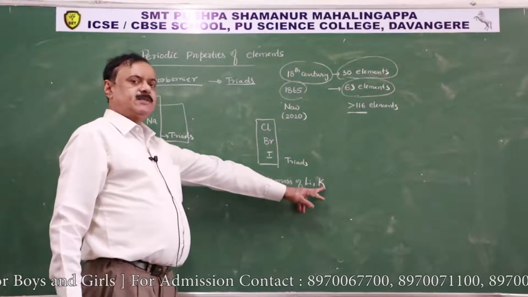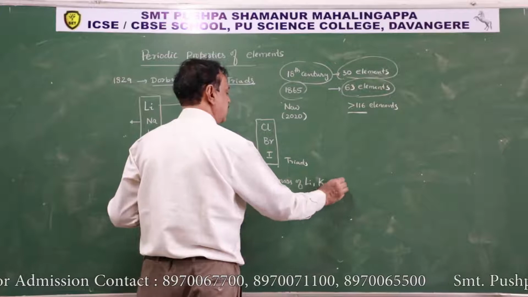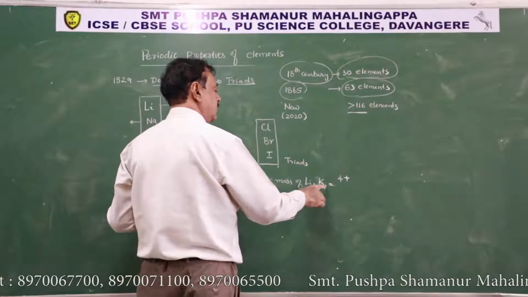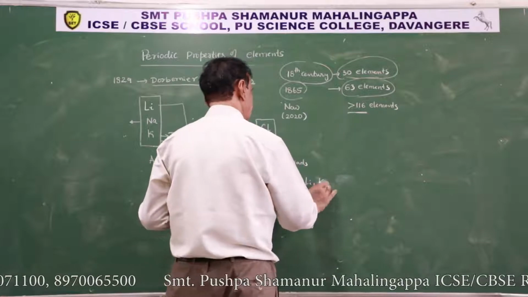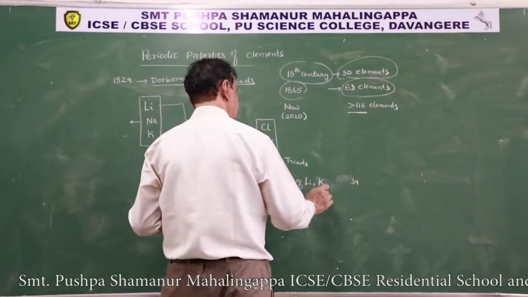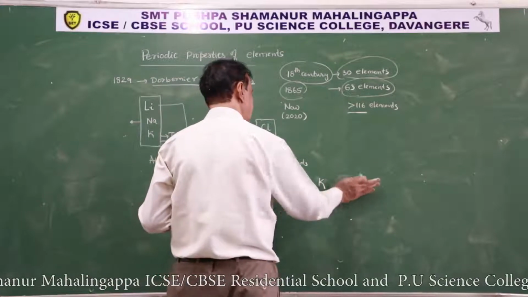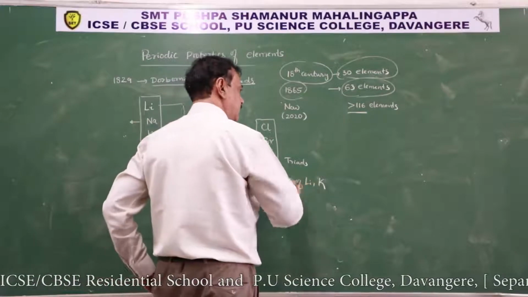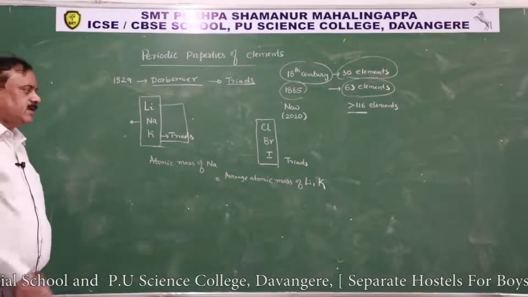Suppose the atomic mass of lithium is found to be 7 point something, and the atomic mass of potassium is 39 point something. Adding them gives 46, and half of this value is equal to 23. Therefore, the atomic mass of sodium is found to be 23.